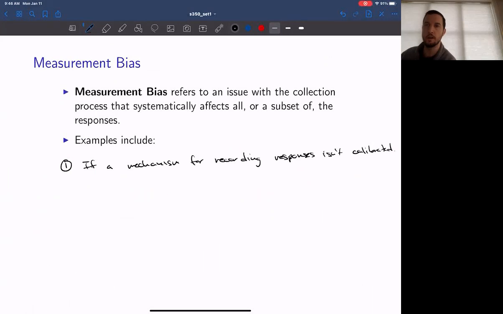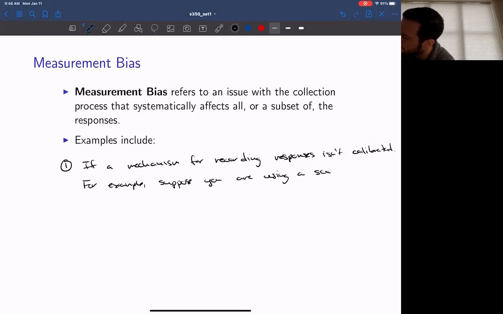So what I mean here is, suppose you're measuring weights, using a scale to measure weight, but the scale isn't zeroed out.